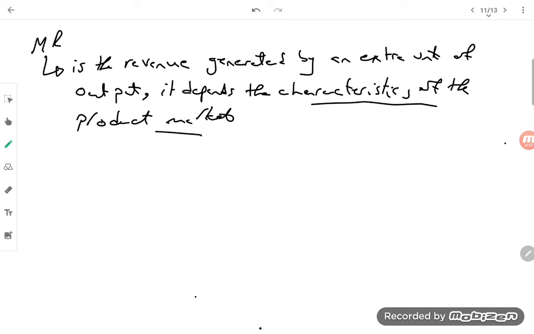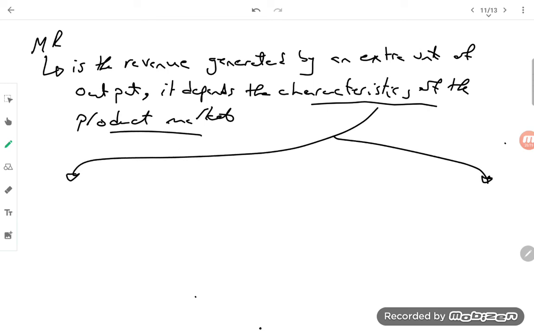What is meant by the characteristics of the product market? This means identifying whether the market is a perfectly competitive market or has some degree of monopoly.